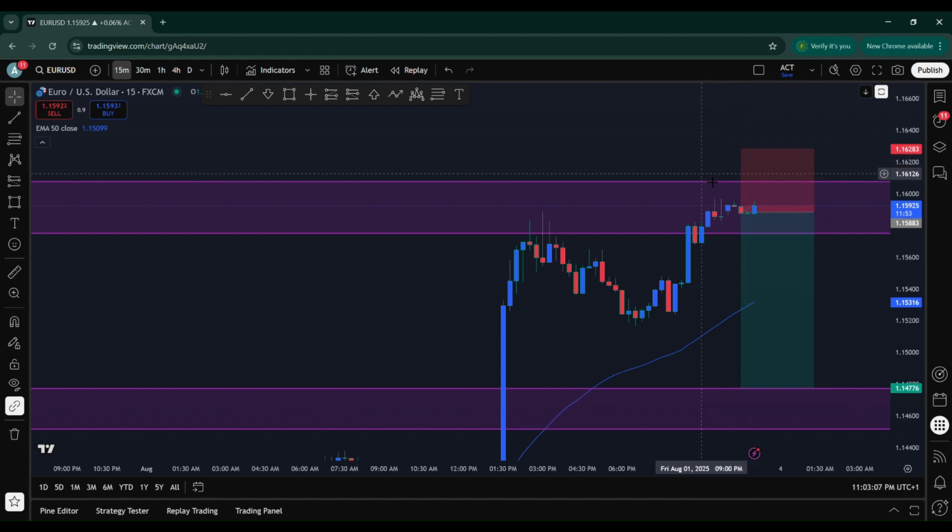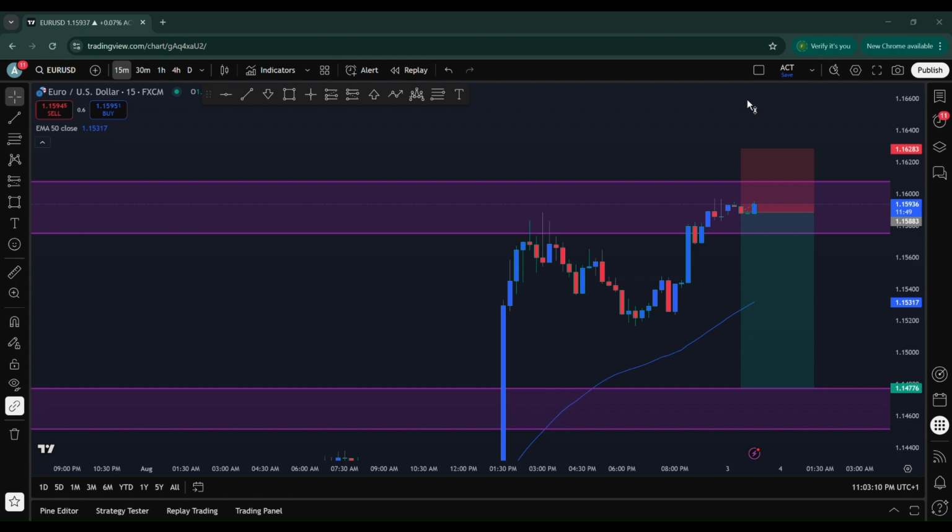So if I have my entry there and then I have my stop loss at 1.1629, 1.1631, somewhere around this area. So I have my stop loss there, and this means I'll be risking about 12,000 naira per trade.